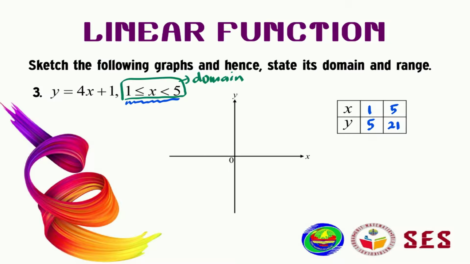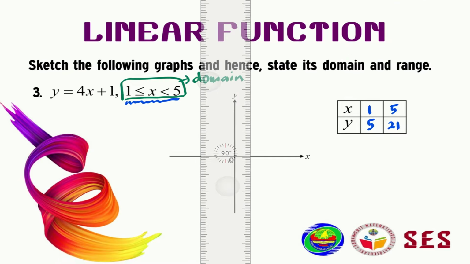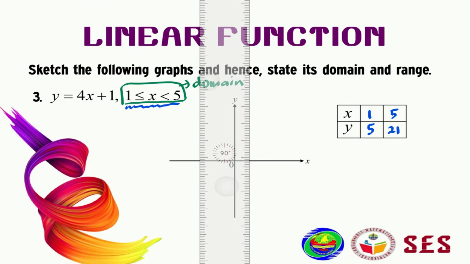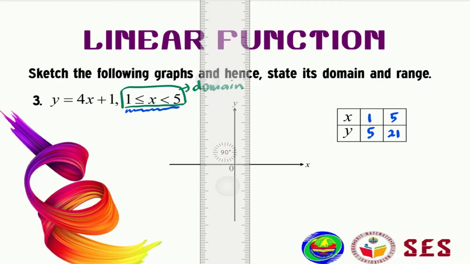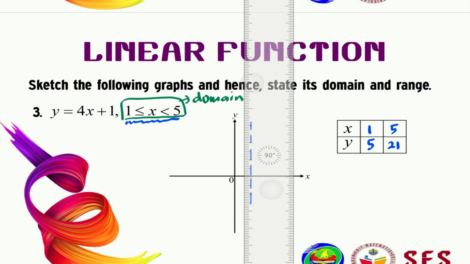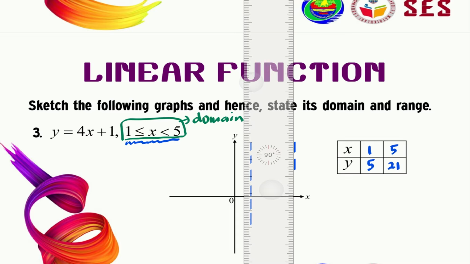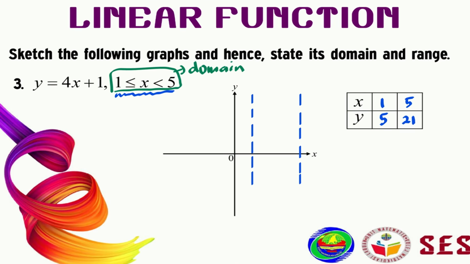First and foremost, I will make the boundary here. This is the area where the graph can be, and one more boundary is somewhere around here. We label this x equals 1, and this x equals 5, where the graph can only be inside this area.